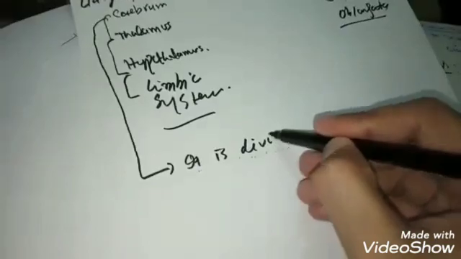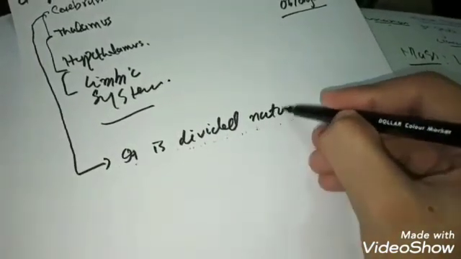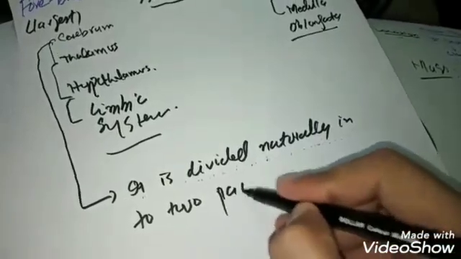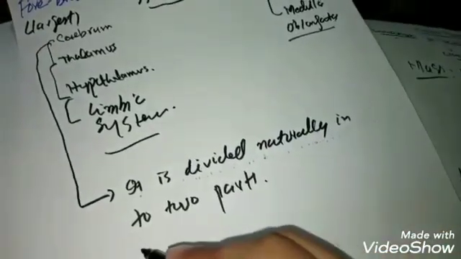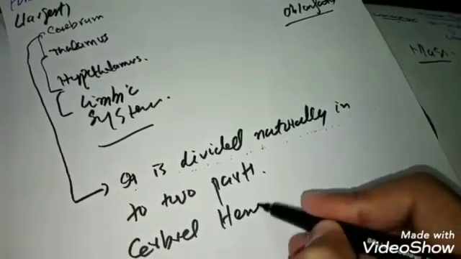It is divided naturally into two parts. These parts are called cerebral hemispheres.